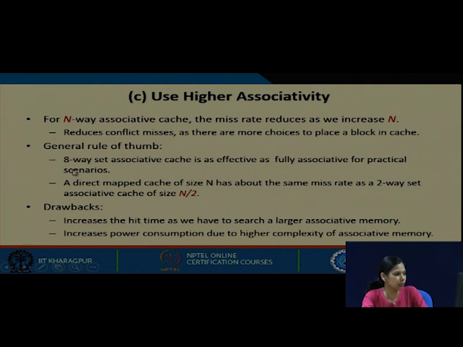There is a general rule of thumb: an 8-way set associative cache is as effective as fully associative for practical scenarios. It has been seen that with an 8-way associative cache, that means within a set we are keeping 8 blocks, so we have to search associatively among 8. Keeping an 8-way set associative cache is as effective as a fully associative cache.